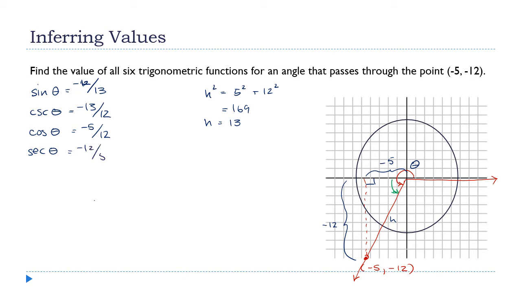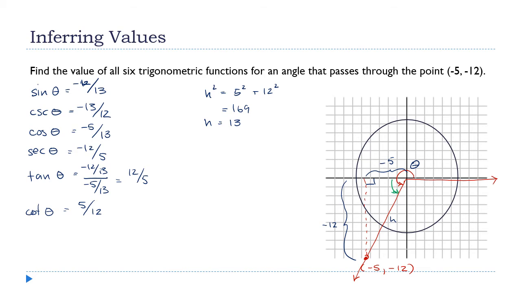It's -13 fifths. Then the tangent is sine over cosine. So that's -12 thirteenths over -5 thirteenths, which is 12 fifths. And then finally the cotangent, flip the tangent over. It's going to be 5 twelfths. And there are my 6 values.